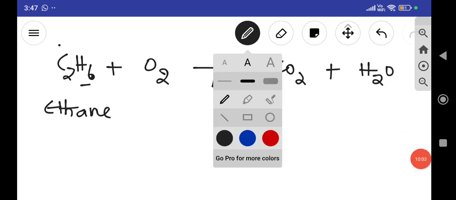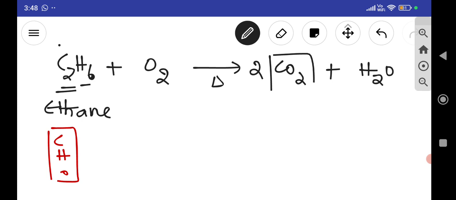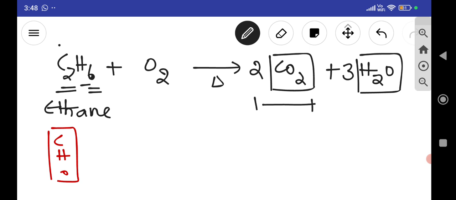Again, I told you the balancing will be in the order of carbon, hydrogen and oxygen. So we will see carbon first. We have 2, so coefficient 2 is written here. Next, 6 hydrogens are there, so write 3 H2O. After this, count the oxygens: 2 into 2 is 4, plus 3 into 1 is 3, so the total is 7.